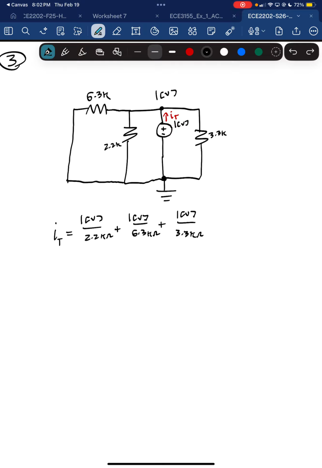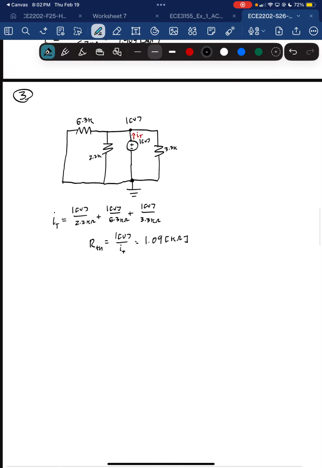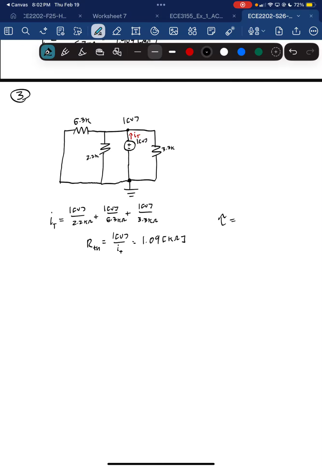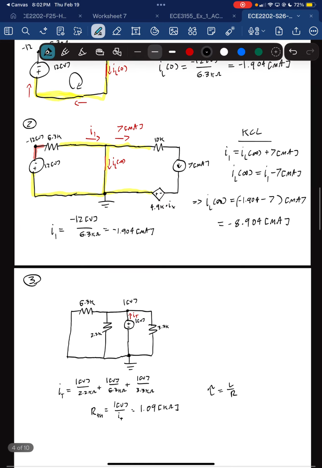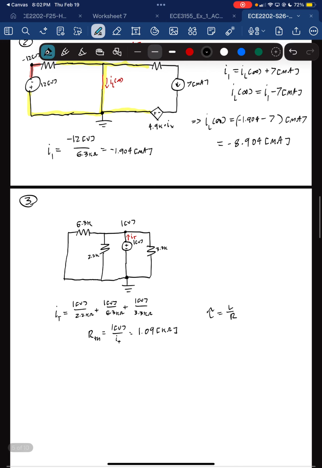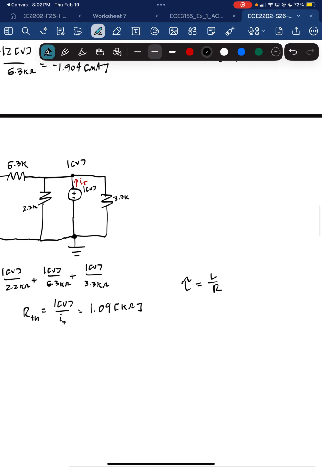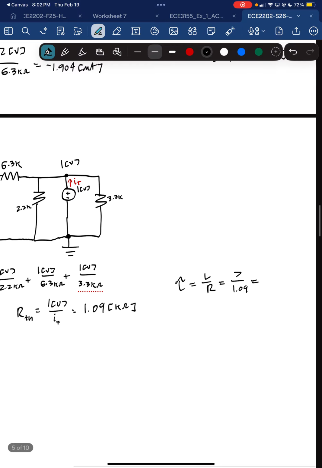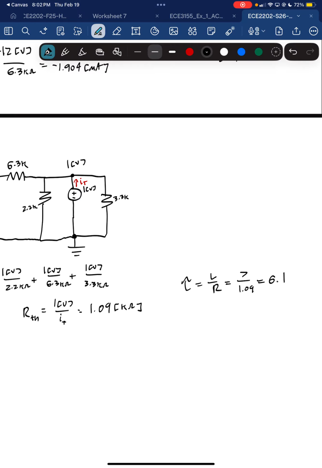So that's our equation. R Thevenin is equal to 1 volt over IT, which is 1.09 kilo ohms. And so tau is going to be L over R. RL is 7. So it's going to be 6.414 milliseconds.